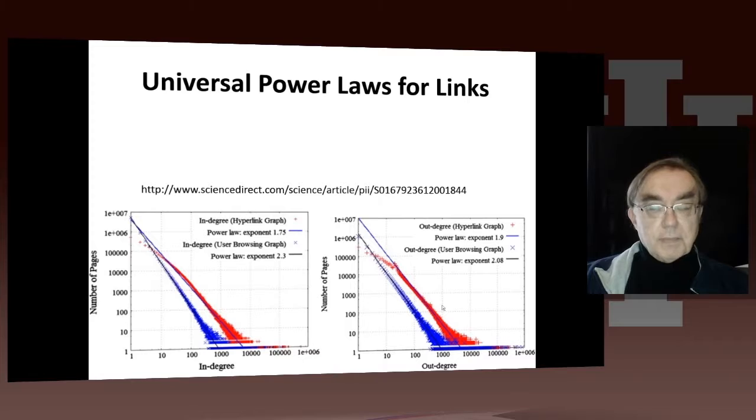It does it for two ways of getting documents. One is the raw data, the actual number of links in documents, the so-called hyperlink graph. And the other one is the user browsing graph, which comes if you actually go to web logs and follow the click-through of users and see what they do.